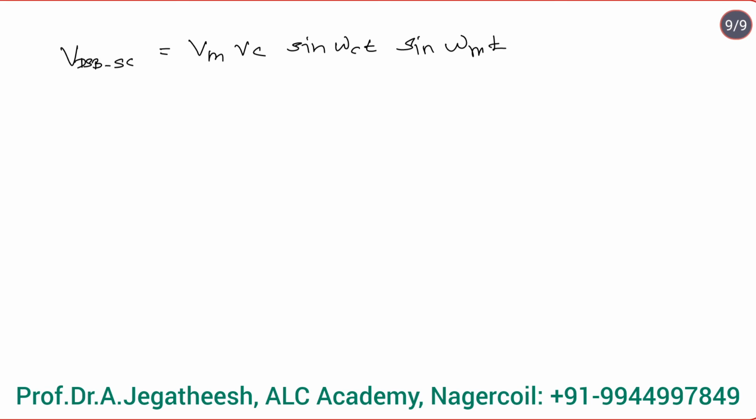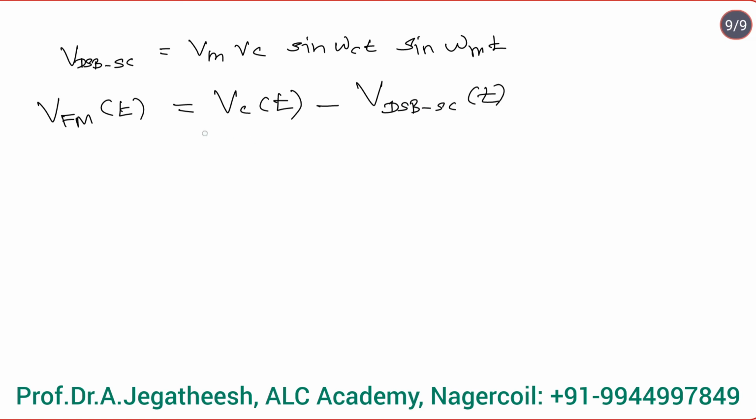From the diagram we know that the output of the combining network will be the resultant narrowband FM signal, that can be obtained by taking the difference between the carrier signal and the DSB-SC signal. This one comes from the buffer and this one comes from the balanced modulator.